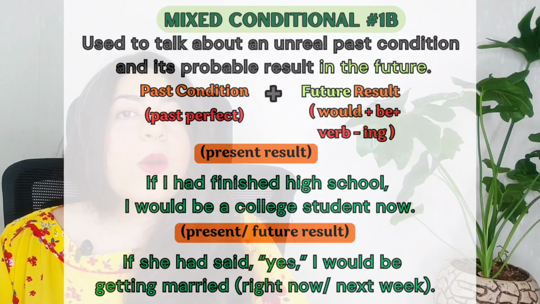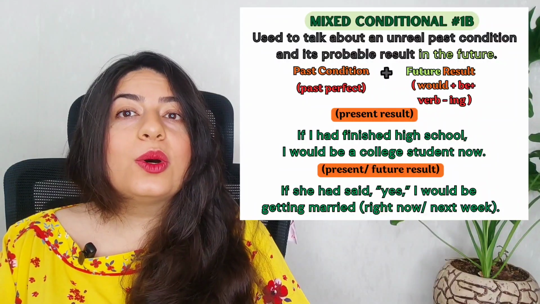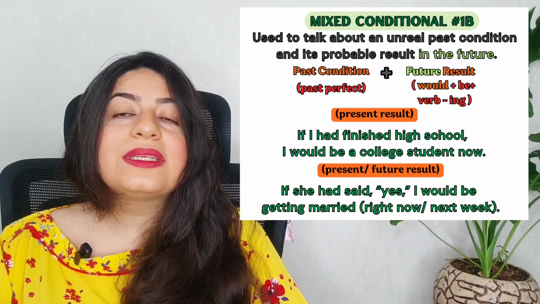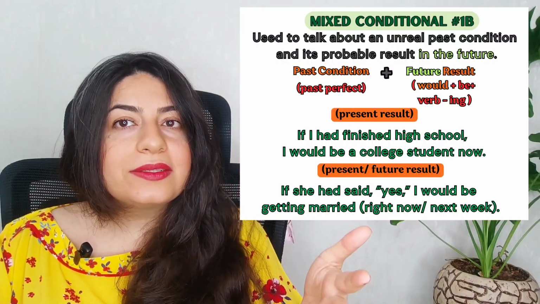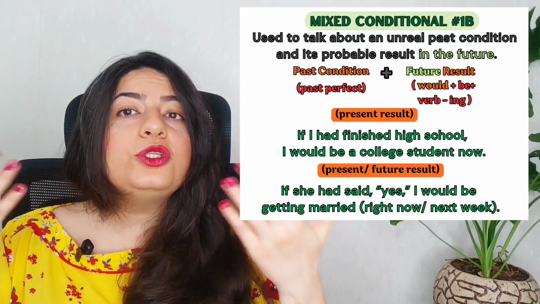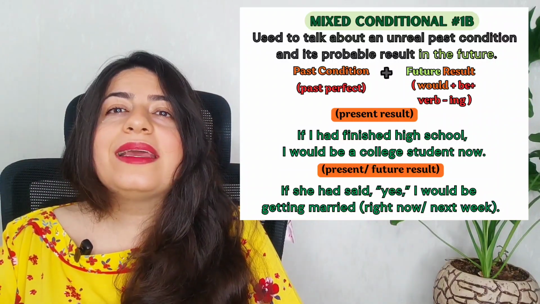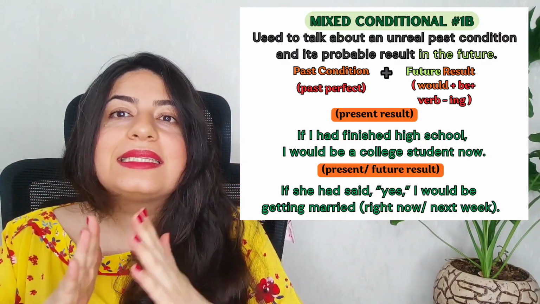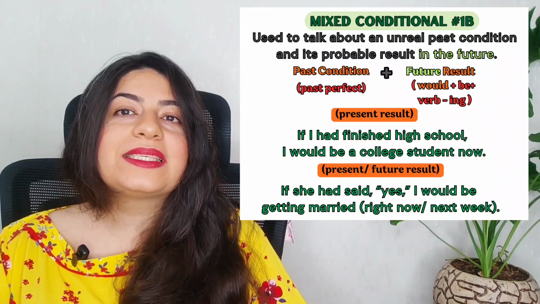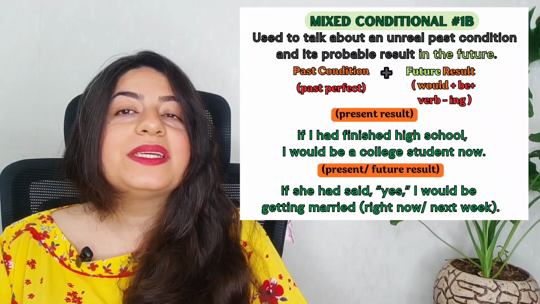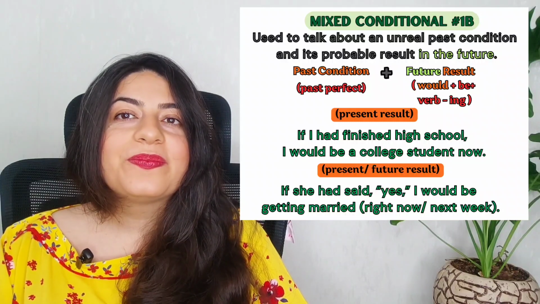Or I could say I would be getting married next week and talk about that future result. So in this case, I could use that grammar to either talk about a present result or a future result. So they are a little similar, which is why I label them mixed conditional 1 and mixed conditional 1b.